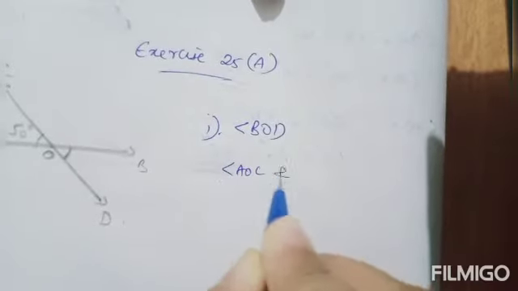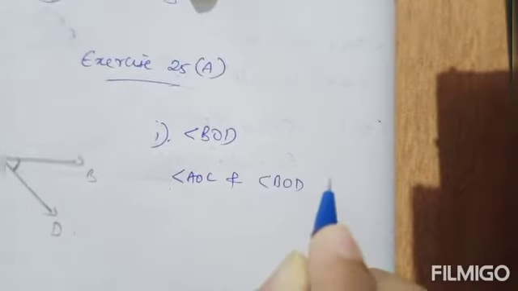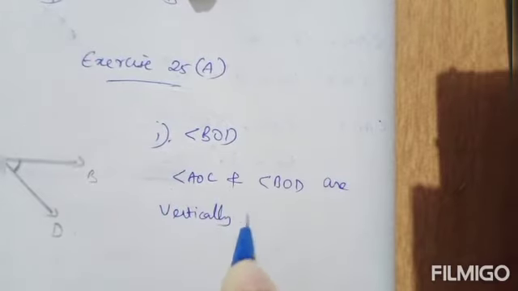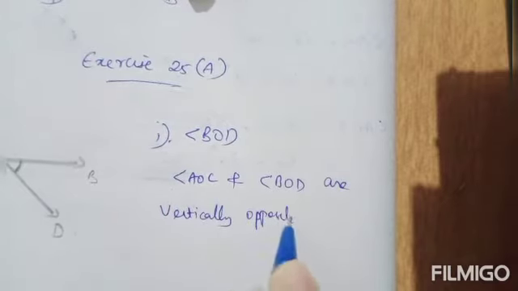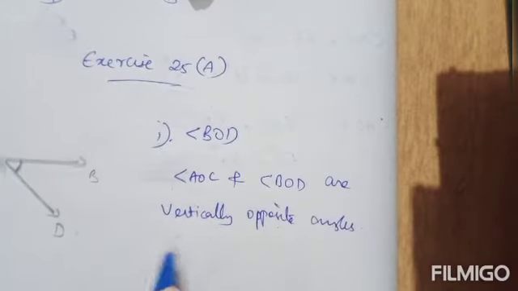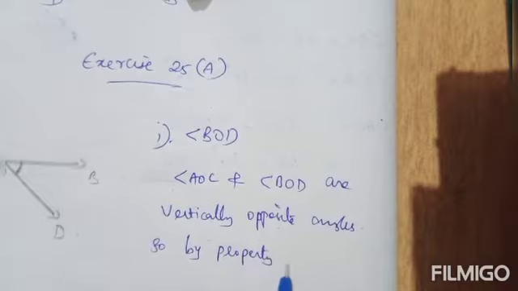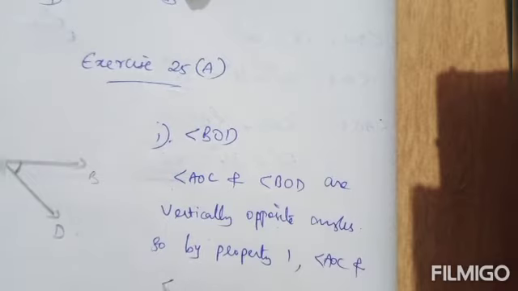So you can write here angle AOC and angle BOD are vertically opposite angles. So by property 1 we can say angle AOC and angle BOD are equal.